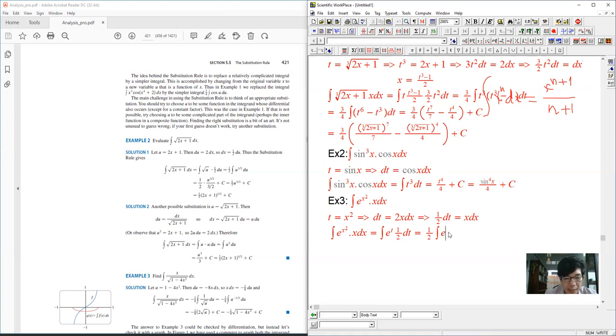The integration of e power t is the same function, so we get 1/2 e power t, and returning to the initial function, t is replaced by s squared.